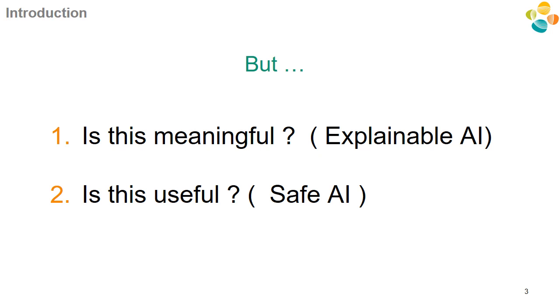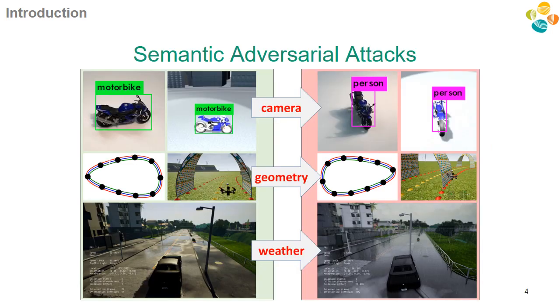And the answer is mostly no. Here come the semantic adversarial attacks, in which the attacks are not performed on the pixels, but on the parameters that define the environment in which the agent lives. For example, the change can be in the camera view angle, or the geometry of the track, or even in the weather in which the self-driving car is being tested.